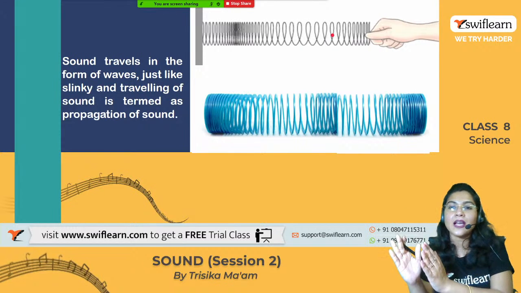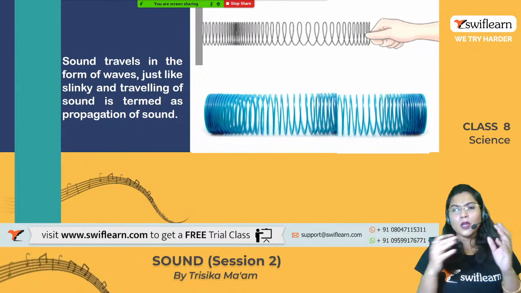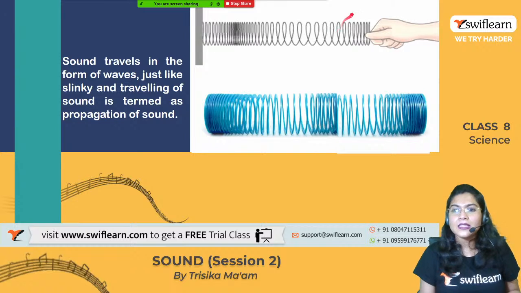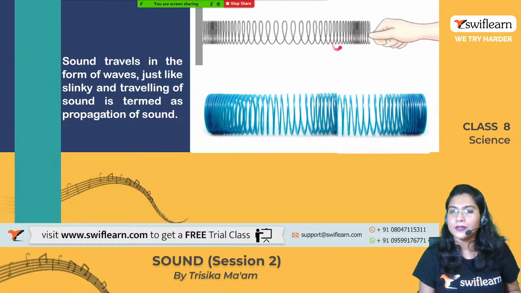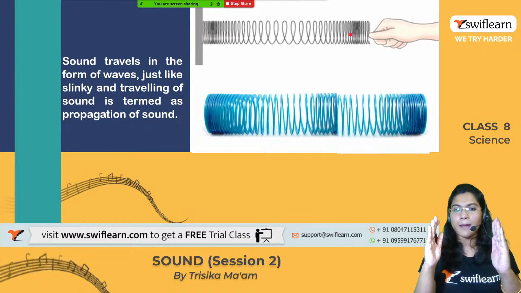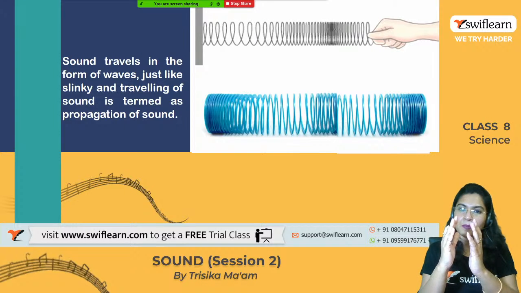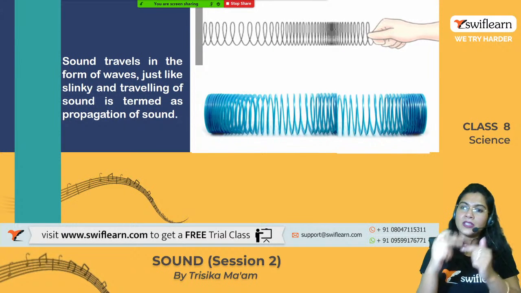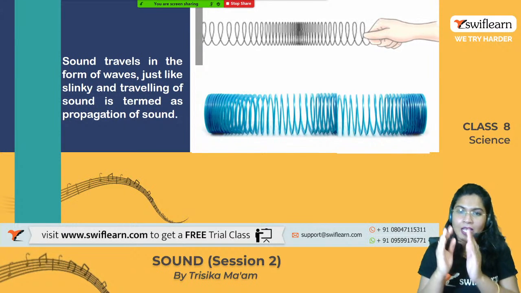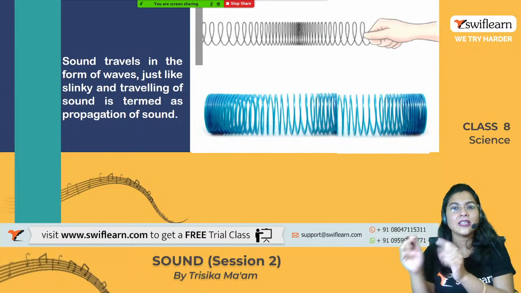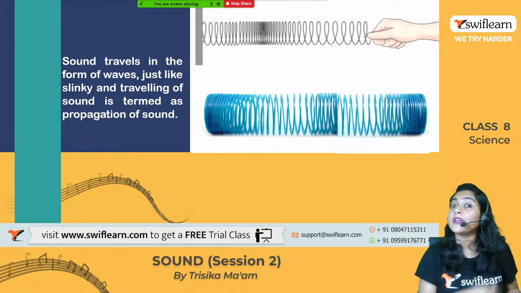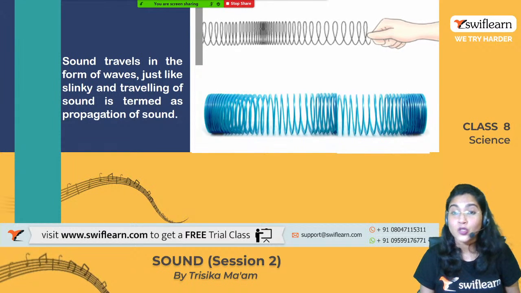And just behind it, where low pressure is created, the rings are far apart. The rings of the slinky are spreading apart from each other. Again, in the next round, there will be compression, where the rings will be very close to each other, and just behind it you can see the rings are far apart. Like this, sound waves also travel through any medium.